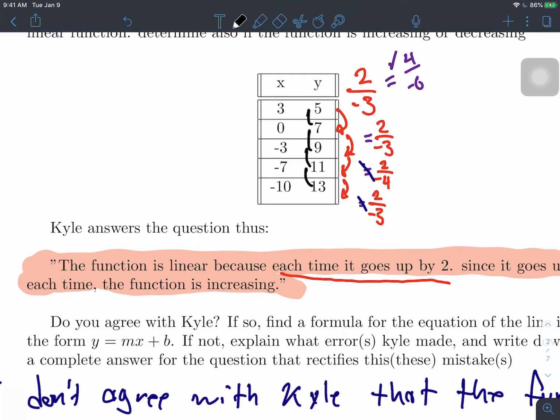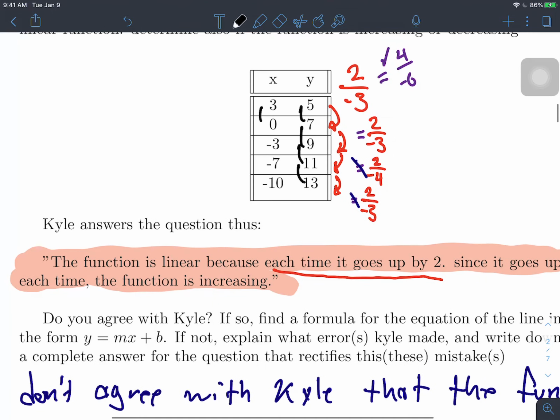I see the y values going up, that means I must be increasing. But we have to also consider what's happening with the x values. Yes, my y values are going up, but my x values here are going down. We need both of them going up at the same time in order for this to be increasing.